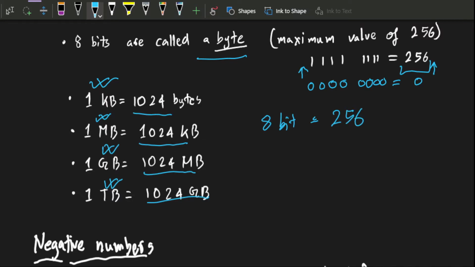So an 8-bit number can represent 256 different values. Is it enough? That's the question. For more calculations, this is actually not enough. That's why we use 32 bits for storing numbers.